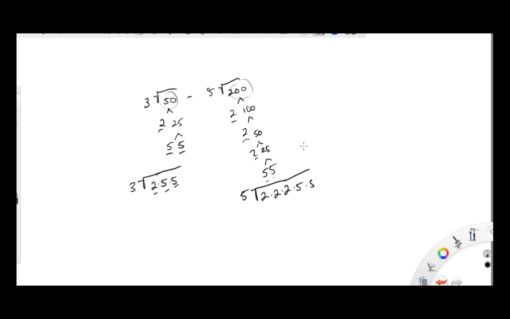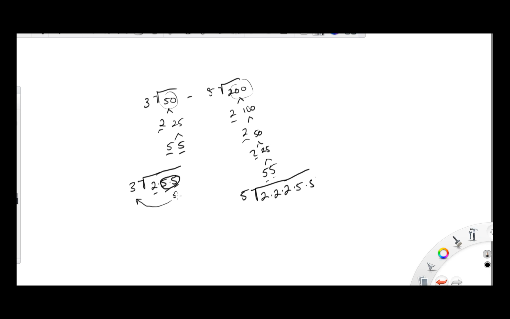Alright, so now what do we do? How do we get to this spot? Okay, well, here's what we're going to do. Anytime you have two of the same number inside of the root, you're going to reduce that to just one number and multiply it by the outside.